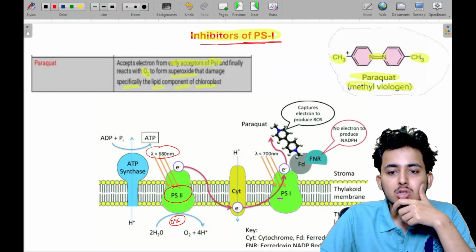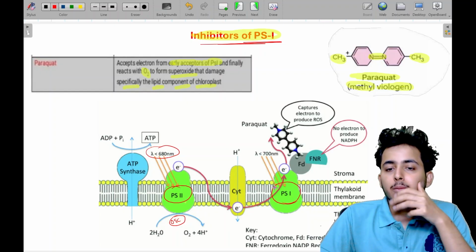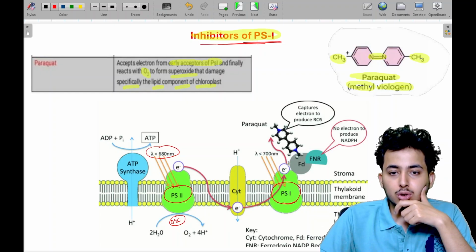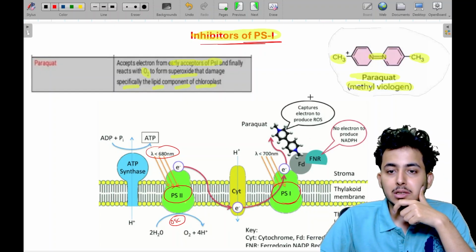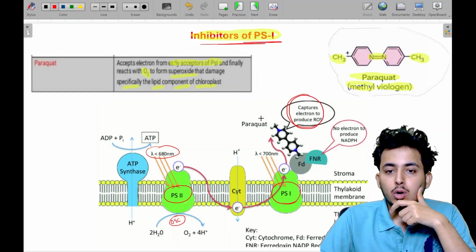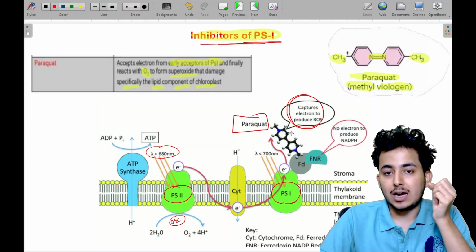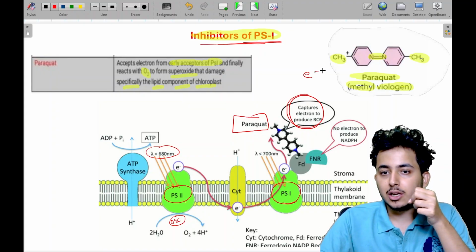As the electron flow reaches PS1, and the electrons are passed on to ferredoxin, in between this paraquat comes into the picture. It captures the electron, and by capturing the electron it leads to the formation of reactive oxygen species.